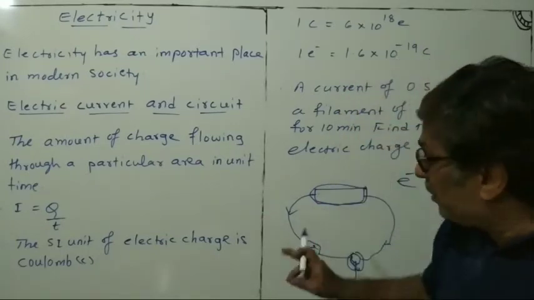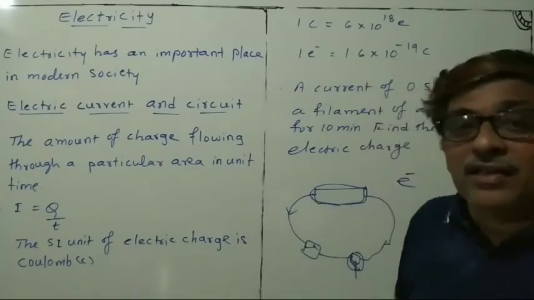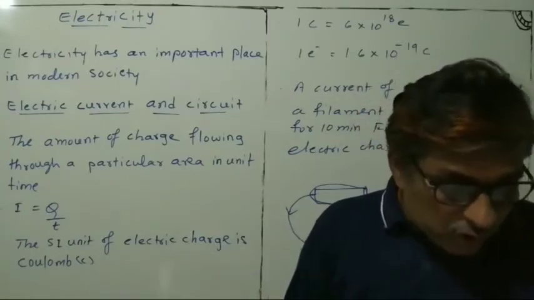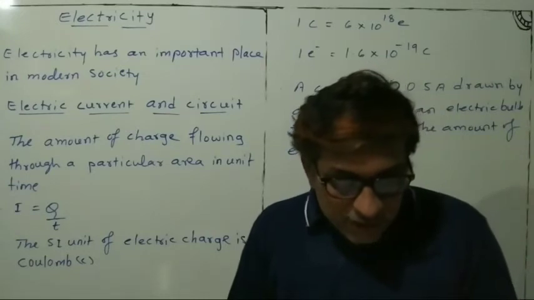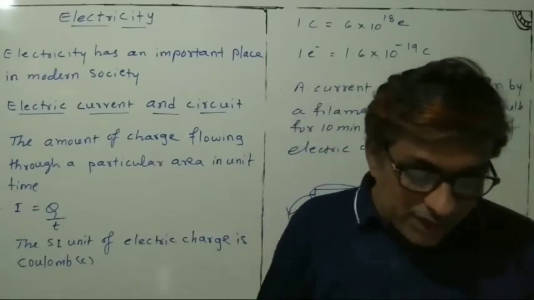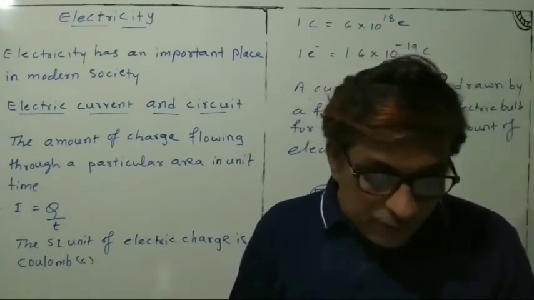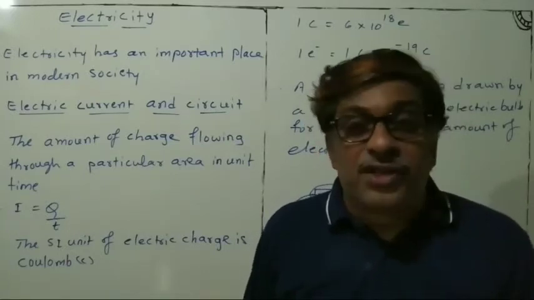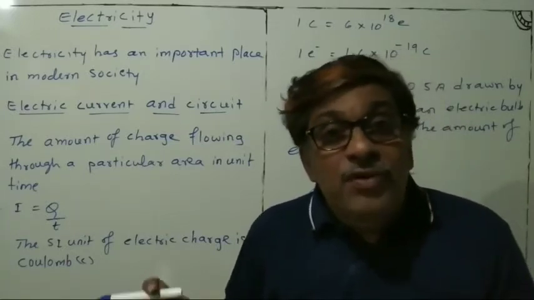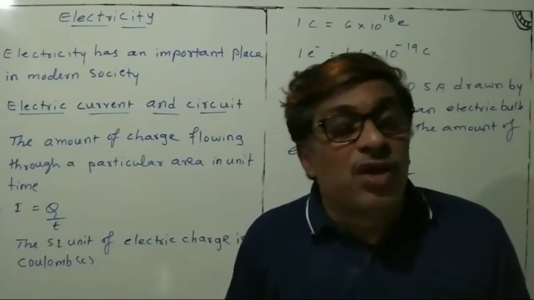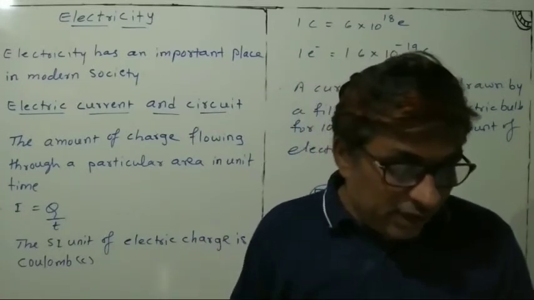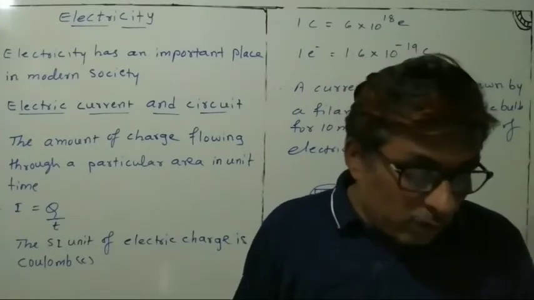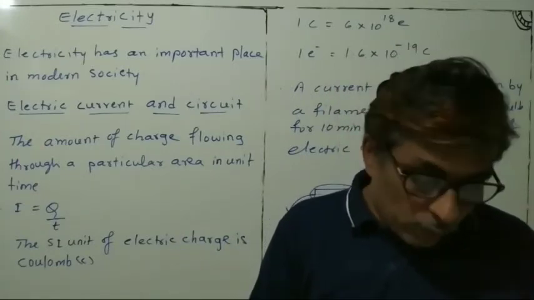In a torch, we know that the cells, or a battery, when placed in the proper order, provide a flow of charges, or an electric current. This flow of charges, an electric current through the torch, makes the bulb glow.